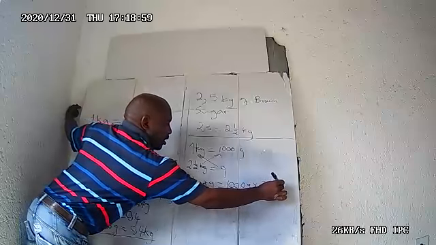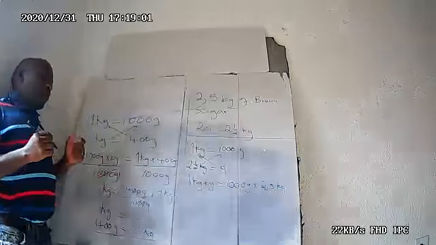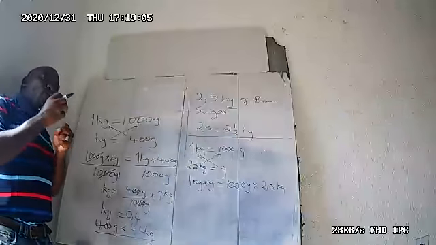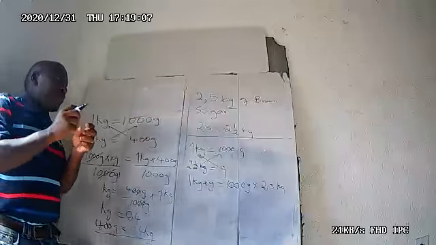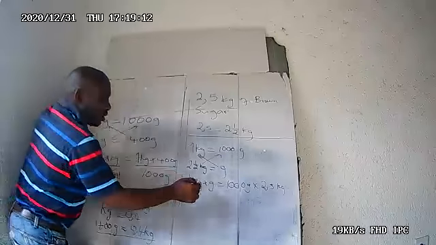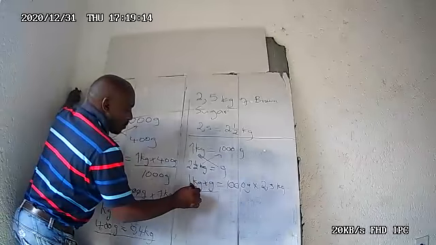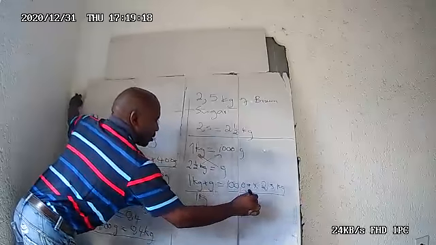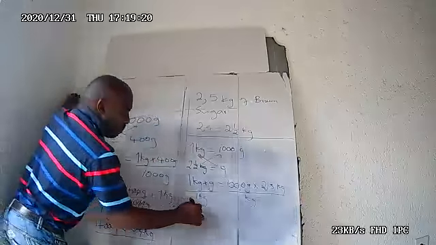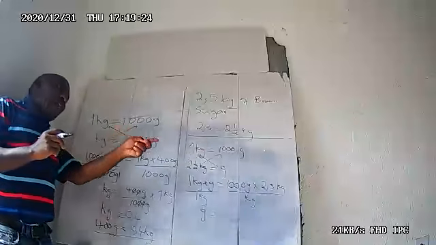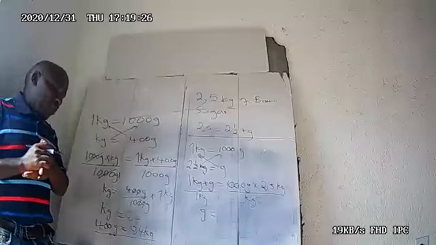2.5 kilograms. Then what we're going to do also here, since we are expected to convert the kilograms to grams, we are going to divide both sides by 1 kilogram. You see, now it's going to be grams is equal to 1,000 grams multiplied by 2.5 kilograms.